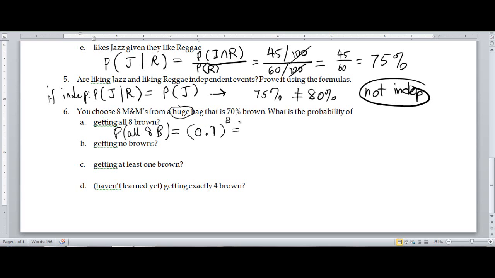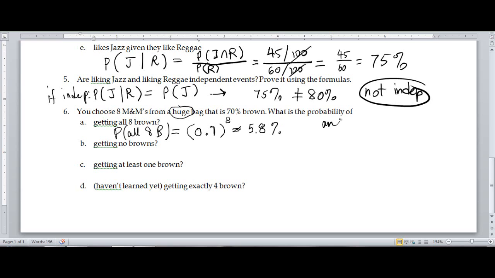0.7 multiplied 8 times is the same thing as 0.7 to the 8th power. Let me do this on my calculator real quick. I get roughly 5.8%. So there's a 5.8% chance that I'm going to get all 8 brown M&Ms. How did I know to multiply here and not add?